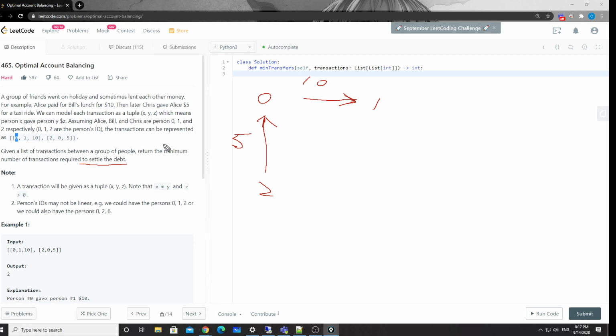Let's say one person has a debt equal to 5, and the other one has a debt equal to -10. Call them D1 and D2.